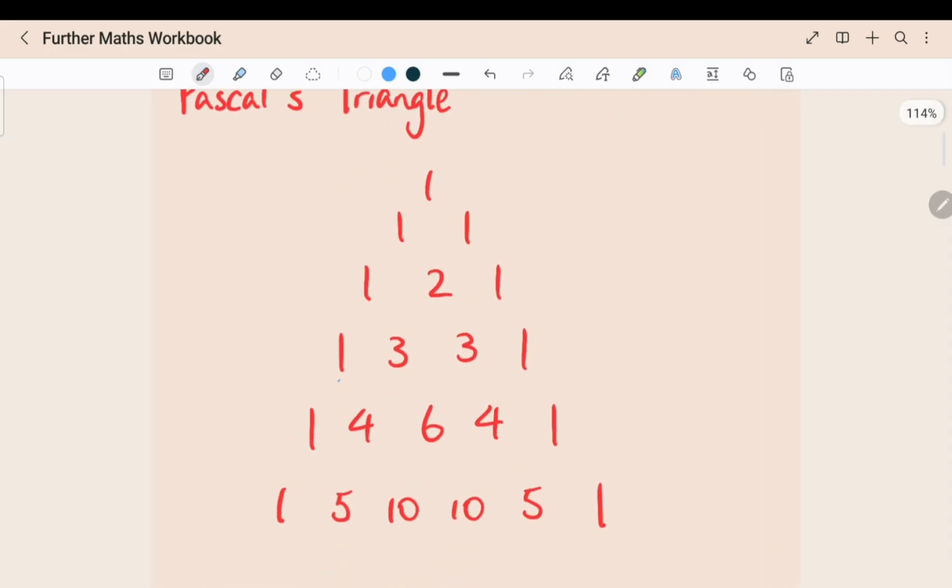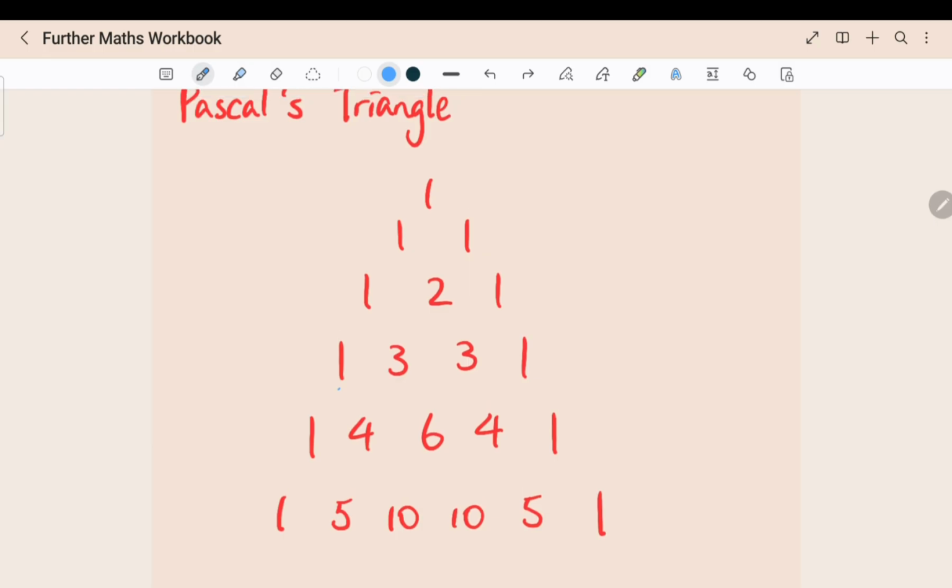The coefficients follow the pattern of Pascal's triangle, and you can construct it by writing ones at the sides of the triangle, and then the middle numbers are always the two numbers immediately above it. For example, this 3 is the sum of the two numbers immediately above it. This 4 is the two numbers immediately above it added together. So this is how you draw a Pascal's triangle.